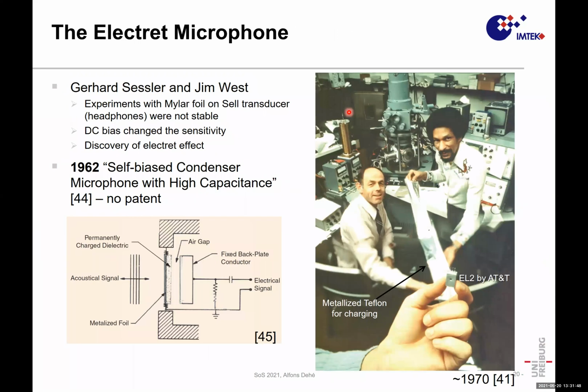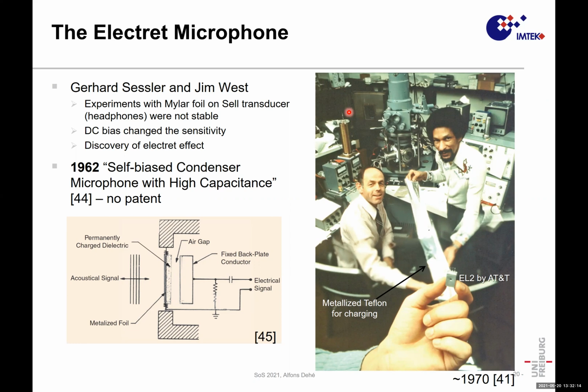Yes, okay, we are back to some historical ideas. Back in the 60s of last century, Gerhard Sessler and Jim West were experimenting with cell transducers. This is something that you have in headphones. They wanted to make headphones at Bell Labs in the US that sound good and transparent.